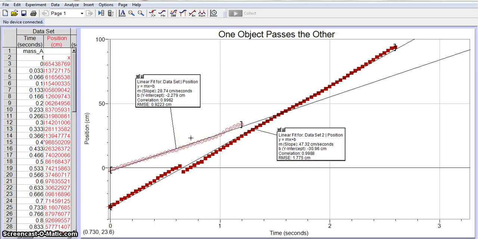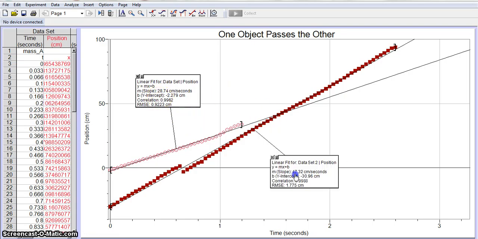And you can see 29 right there. And then we're going to this one. This equation would be position equals 47 centimeters over 1 second times time minus 31.